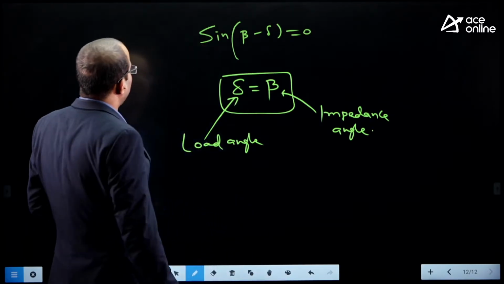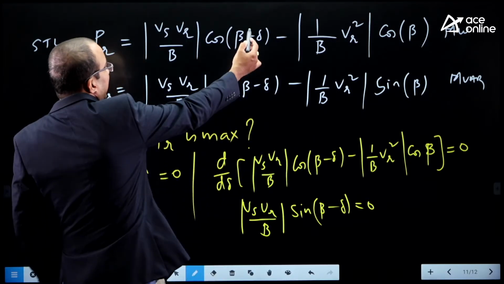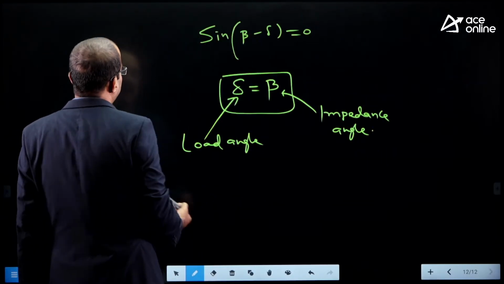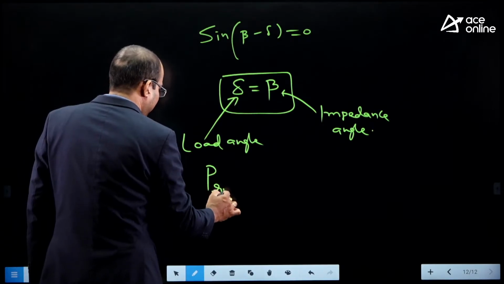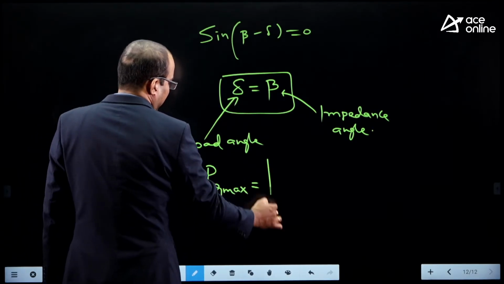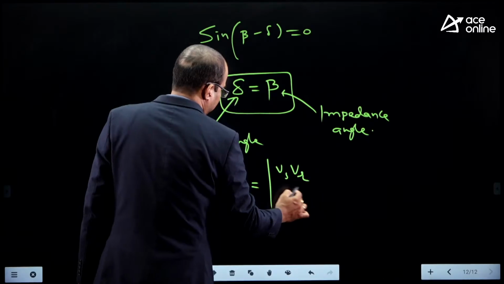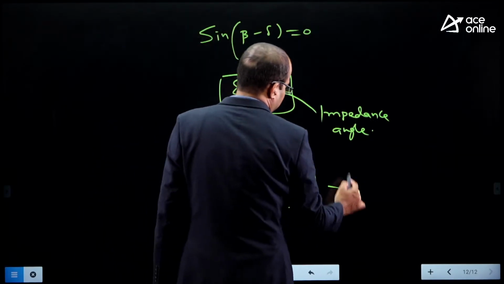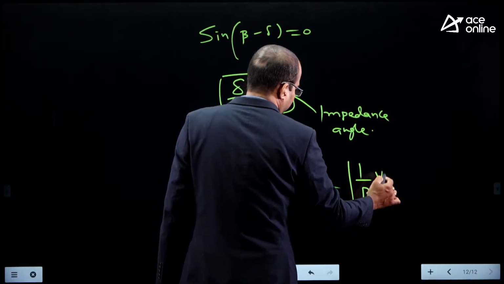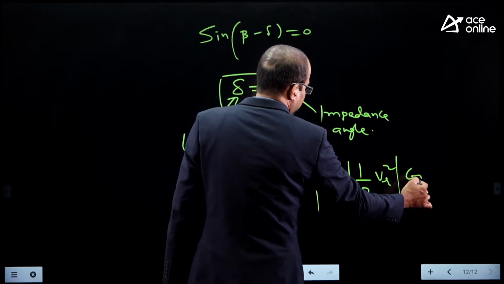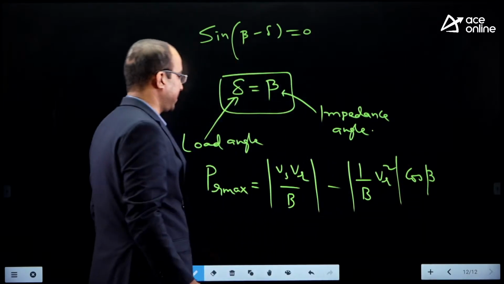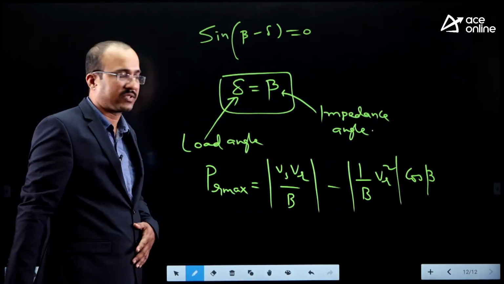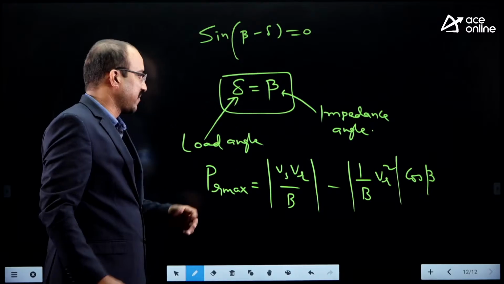So now, what is the maximum power transfer? Here delta equal to beta, cos 0 is 1. So PR maximum is Vs Vr by B minus 1 by B Vr square cos beta. This is the maximum power transfer equation.